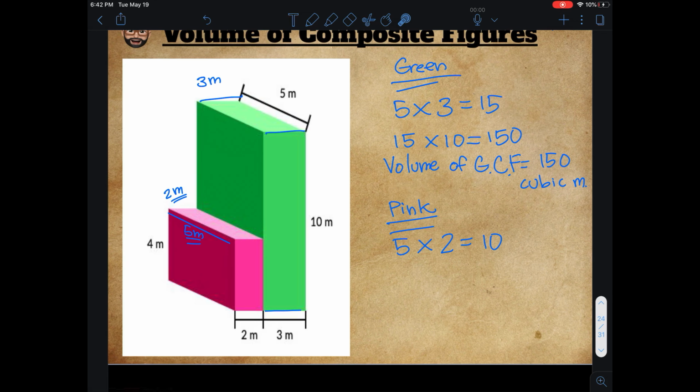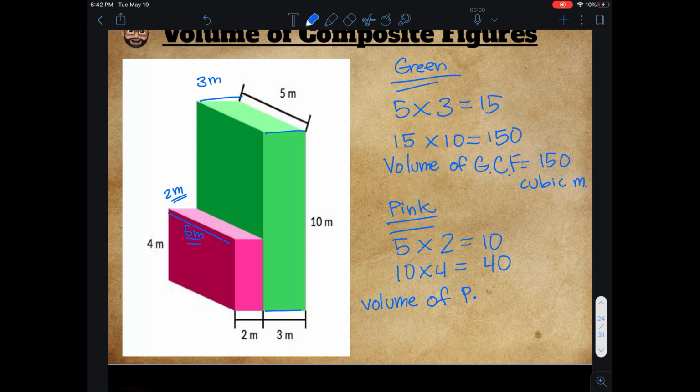Now I just multiply that by the height, and they've made this one easy. There's 4 meters as the height of this pink rectangular prism. So I've got 10 times 4, which gives me 40. So the volume of the pink, oh, you know what? I made a mistake earlier.